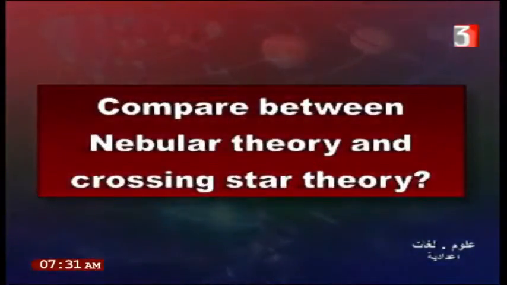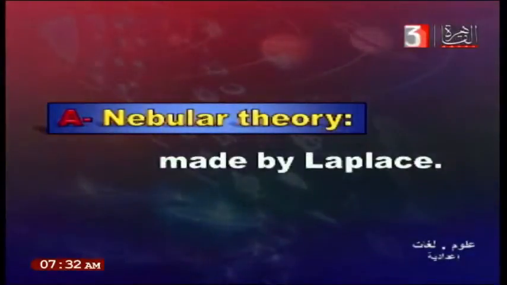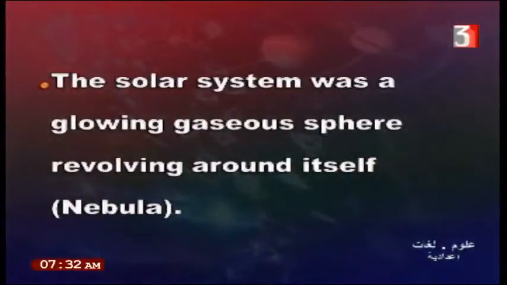Compare between nebular theory and crossing star theory. Nebular theory was made by the scientist Laplace and states that the solar system was a glowing gaseous sphere revolving around itself called nebula.